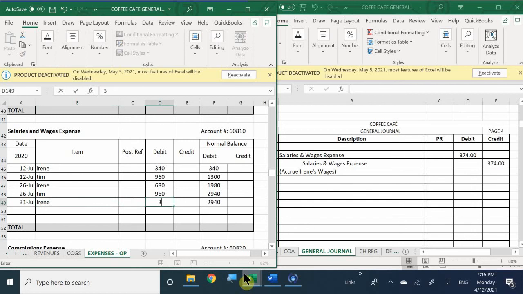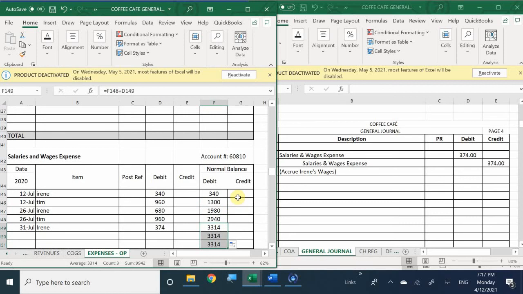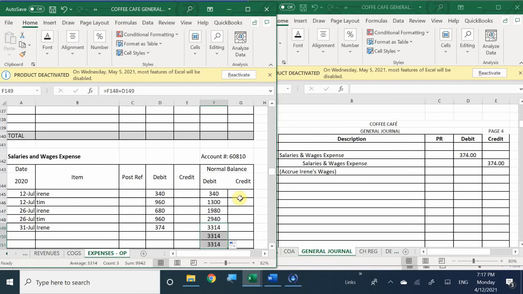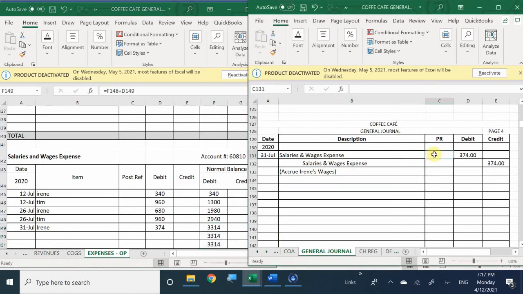We got a total of $374. So therefore, we have the salaries and wages expense for $374 to get a grand total of $3,314.